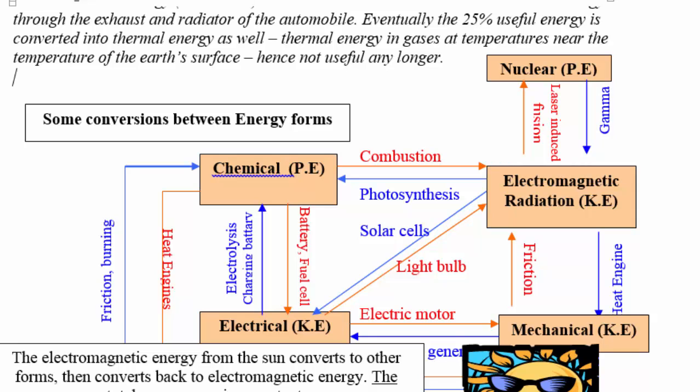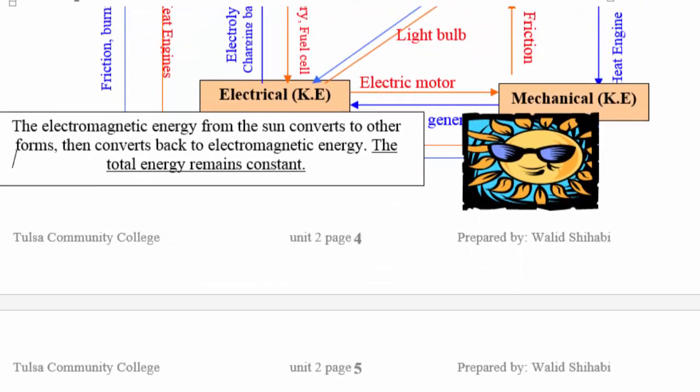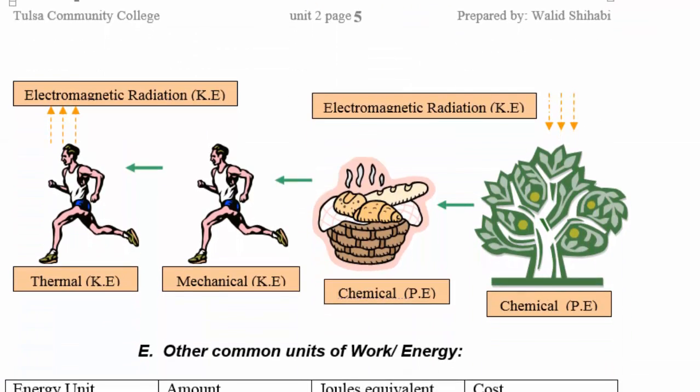But remember, in all those cases, the total energy will stay the same. It's only changing from one form to another. A good example of how we get energy as humans: as we mentioned, the energy from the sun that comes in the form of light will be used by plants during photosynthesis to make food.